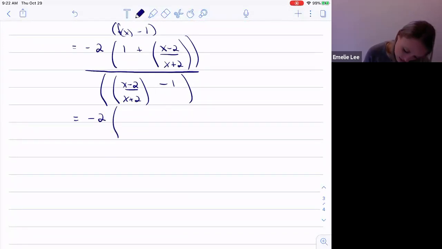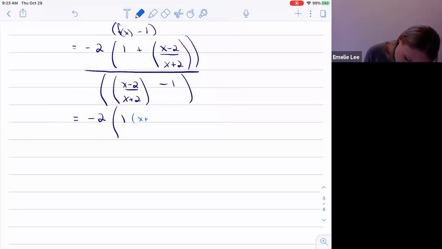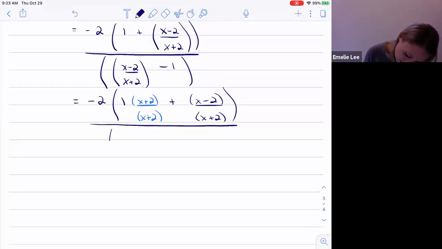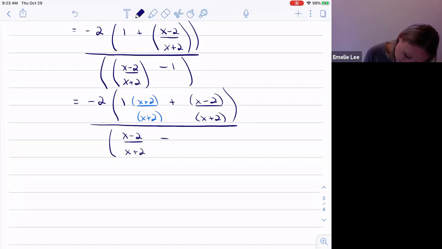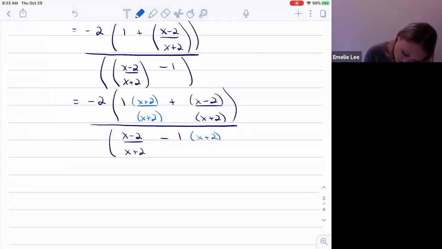Negative 2 is on the outside, so I'm just going to leave it for a long time here. 1 times x plus 2 over x plus 2, right? Forcing that common denominator, plus x minus 2 over x plus 2, divided by x minus 2 over x plus 2, minus 1 times x plus 2 over x plus 2.